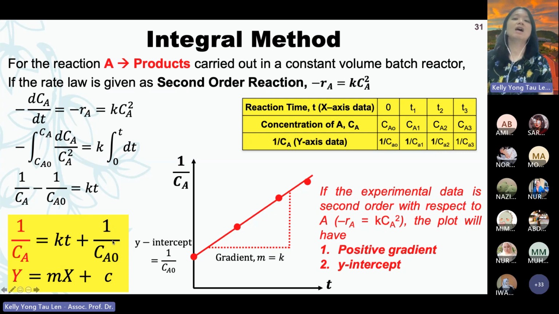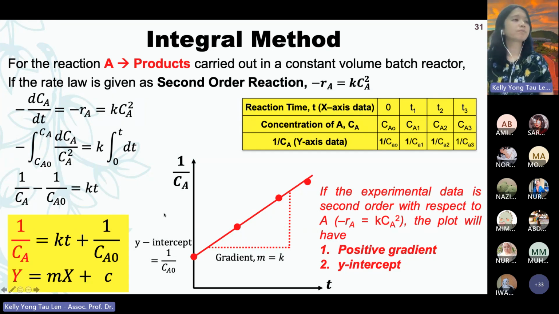So, again, kalau only and only if your reaction is second order and you plot 1 per CA versus time, they will fulfill these two requirements, which is first, positive gradient. Again, you can see from the equation, k tu positif, sebab tu kamu akan dapat gradient yang positif.